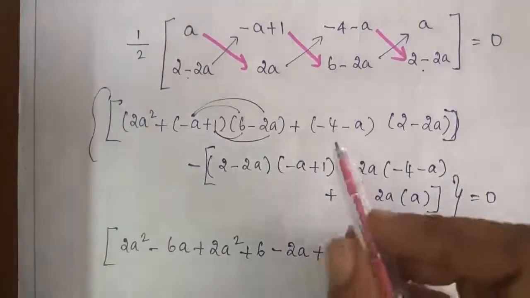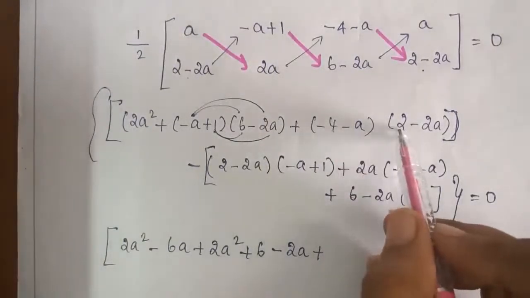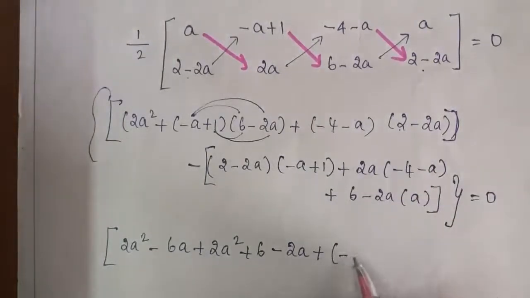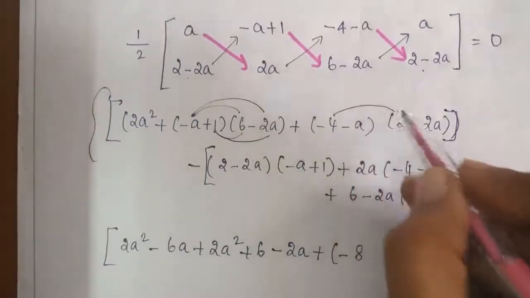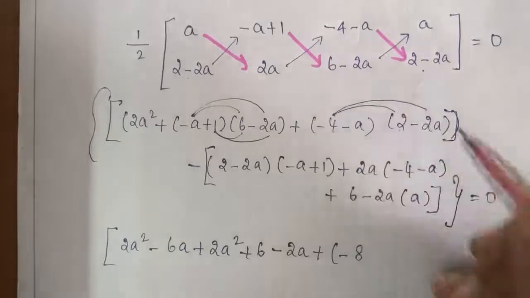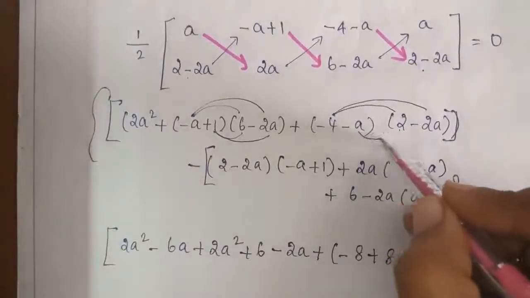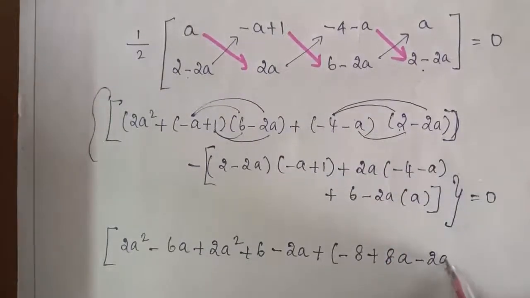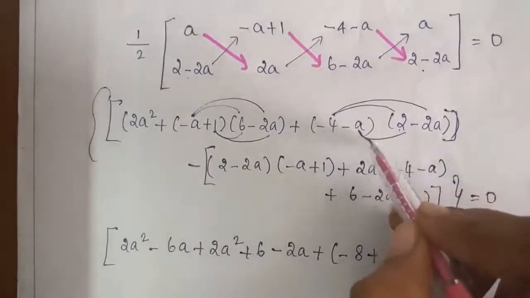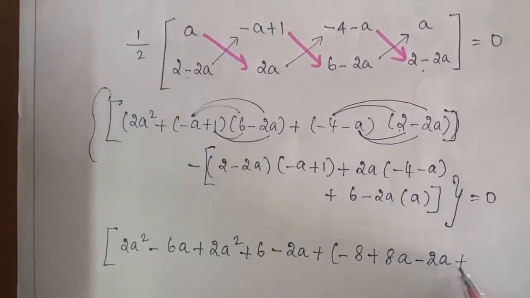Plus minus 4 into 2 is minus 8. Minus 4 into minus 2a: minus into minus is plus, 4 2s are 8a. Then minus a into 2 is minus 2a. Minus a into minus 2a is plus 2a square.